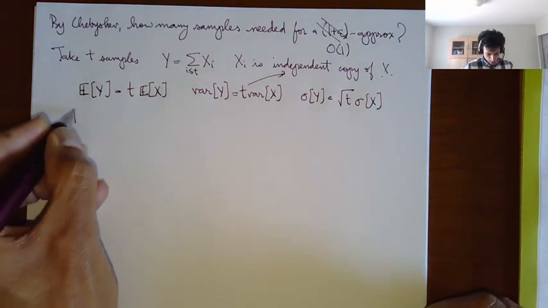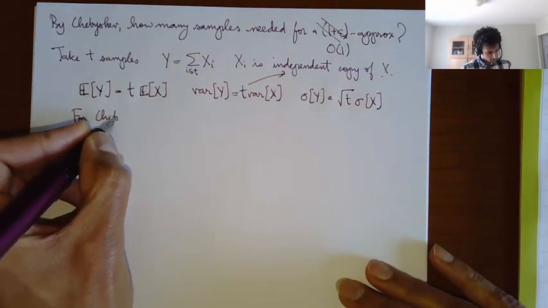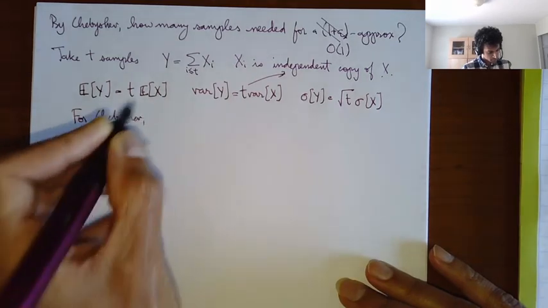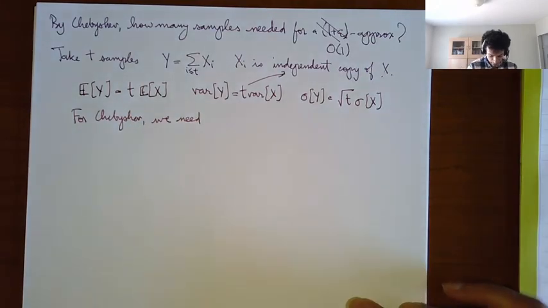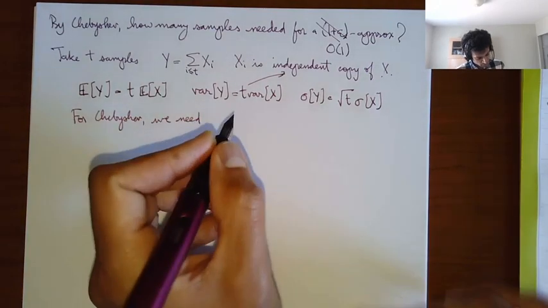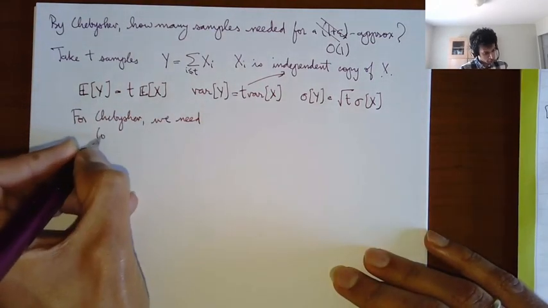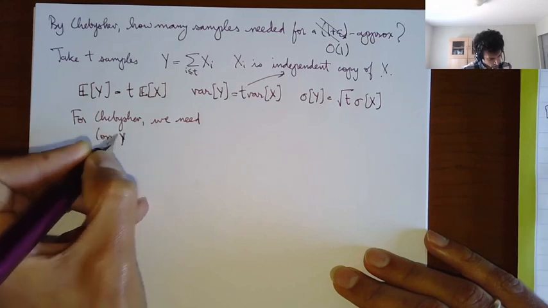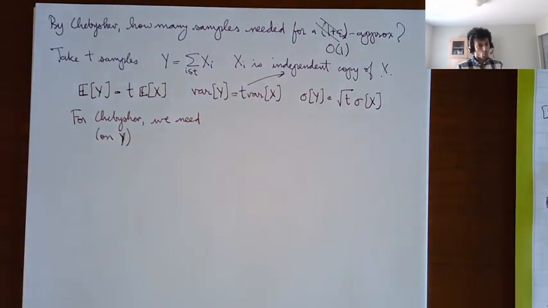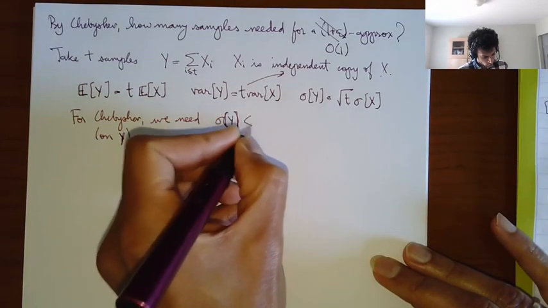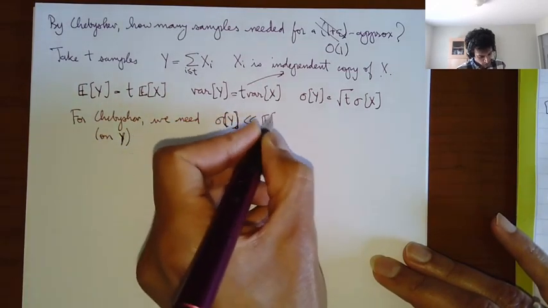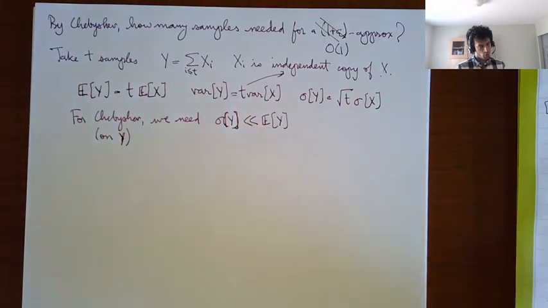And so for Chebyshev, to get anything useful, you need that the standard deviation of Y should be much smaller than the expectation of Y, right? That's when you'll get anything.